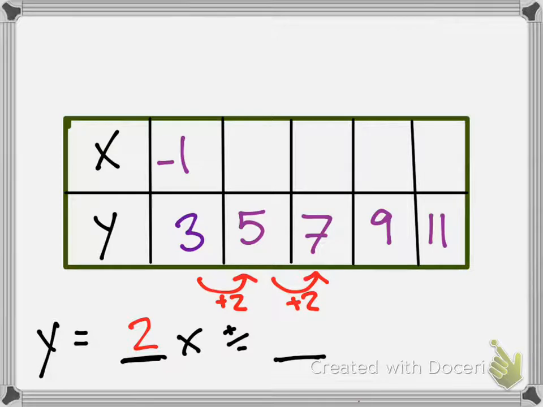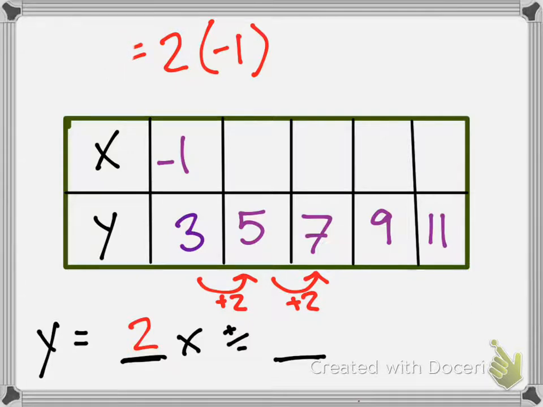So now I have to check it. We plug in what the book called our position number, but we can just plug in any x value we have. So I've got y equals, and then I've got 2, and what's the x value I know? What x value have I been given? Elsie? -1. And I want my y to equal what?